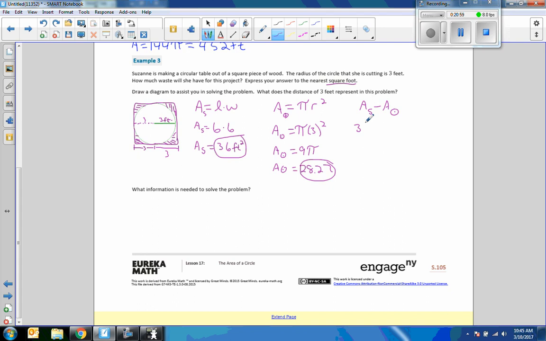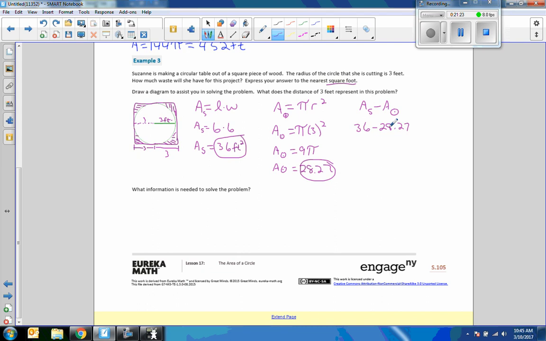Area of the square is 36 minus 28.27, and I'm going to get my answer. Now, the real important concept in math is never round your steps. Always wait until the very end and then round. The earlier you round in a problem, the more you're going to be off.